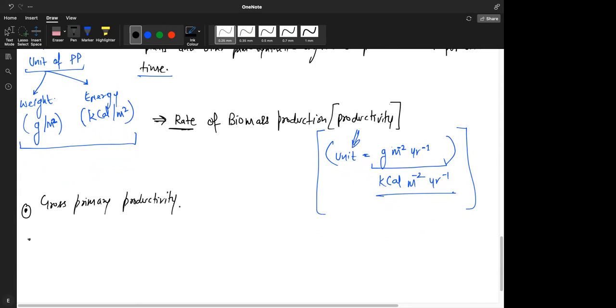And the other is net primary productivity. I'm using the word primary because I'm only taking into consideration the production which is caused by plants in the forest. I'm not taking into account what animals go on further to produce, because that will be more complex. So let's just build with autotrophs now. So gross primary productivity, its short form is GPP, and net primary productivity.